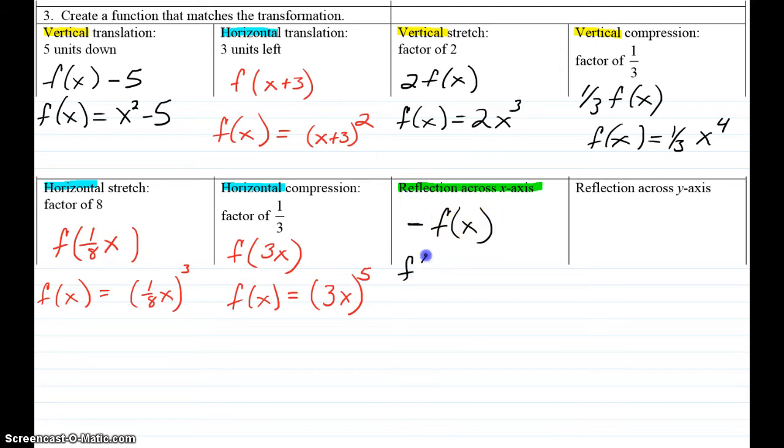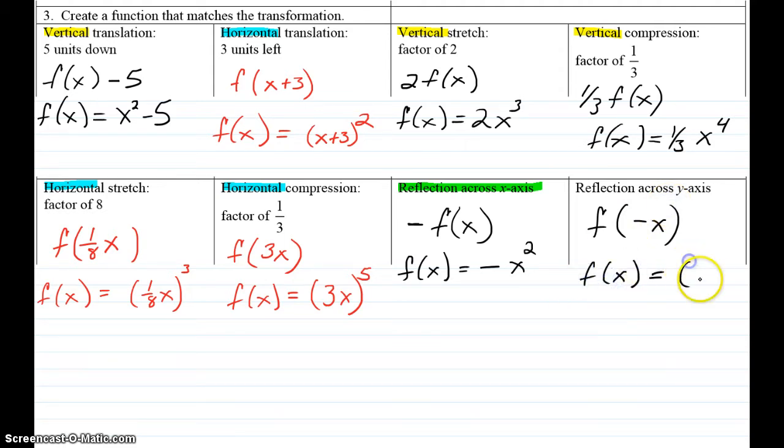So if it's f of x equals negative x squared, and so reflection across the y is when the negative's on the inside, and that would look like something like that. You might also want to go back and watch the videos on the Google Classroom about the transformations.